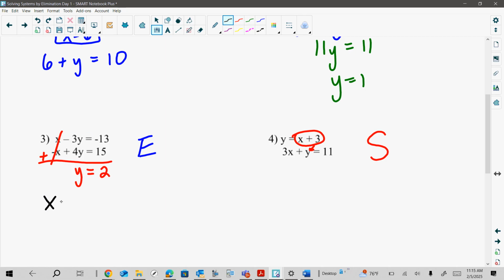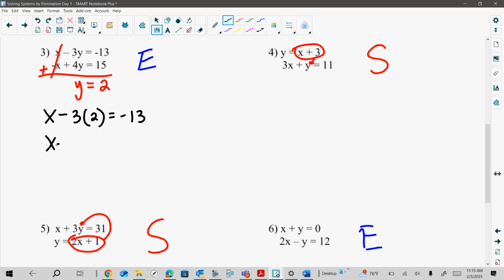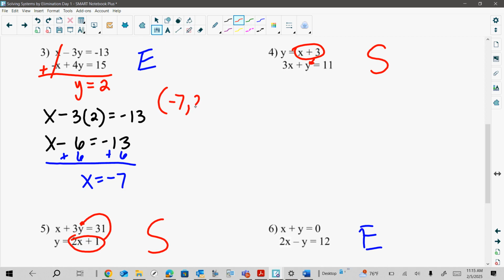So this would be x minus 3 parentheses 2 equals negative 13. So x minus 6 equals negative 13. We add the 6. X equals negative 7. So our answer, negative 7, comma 2.